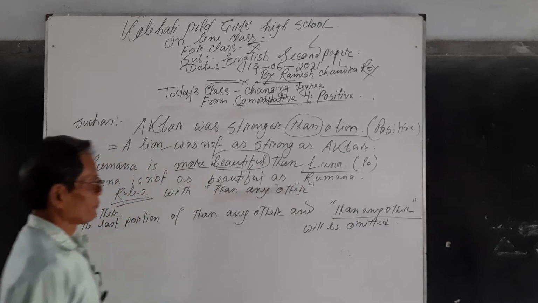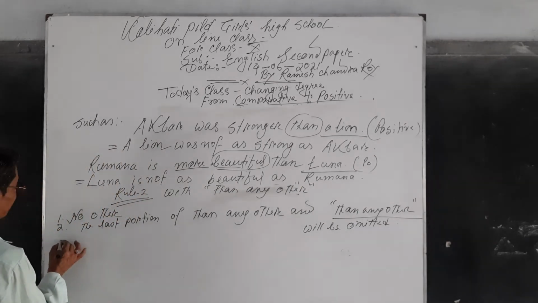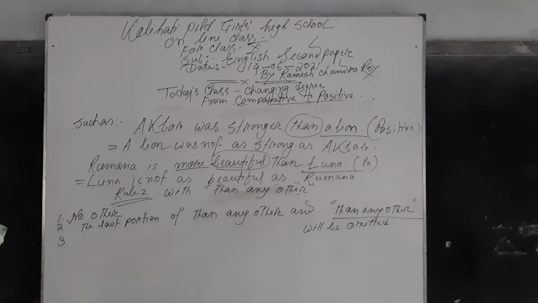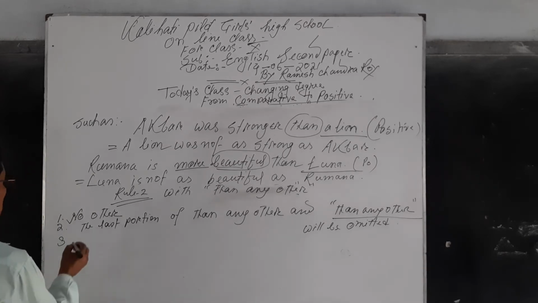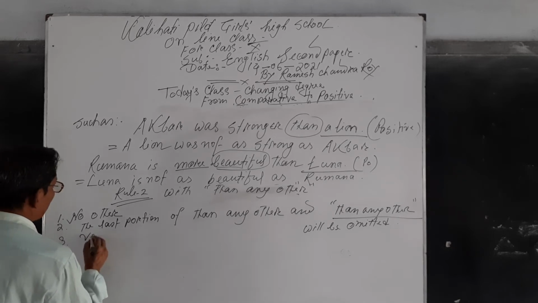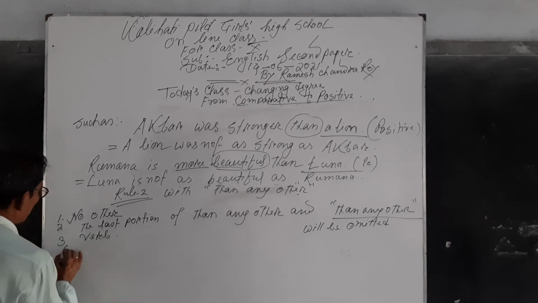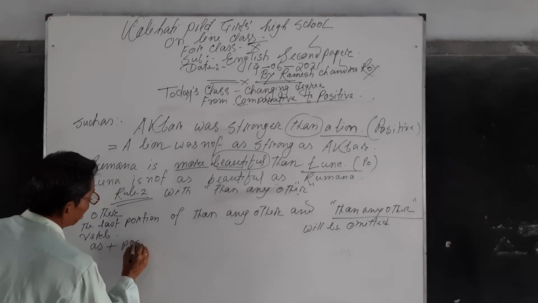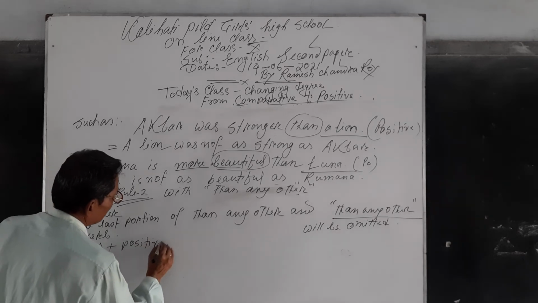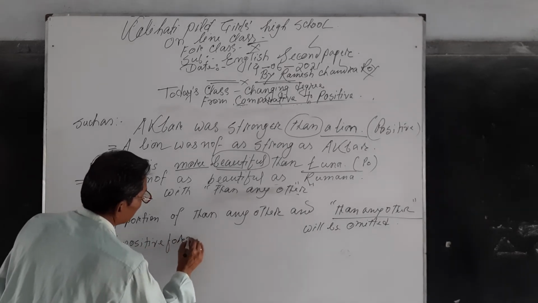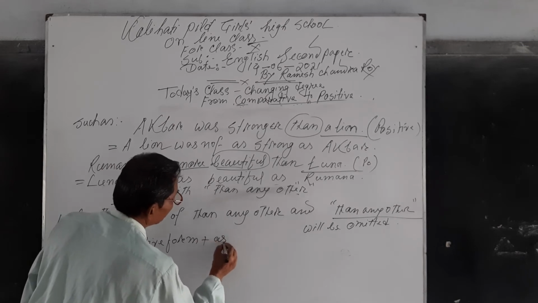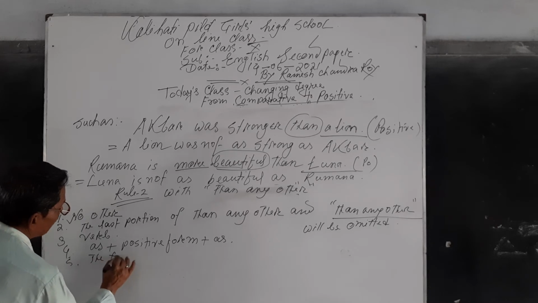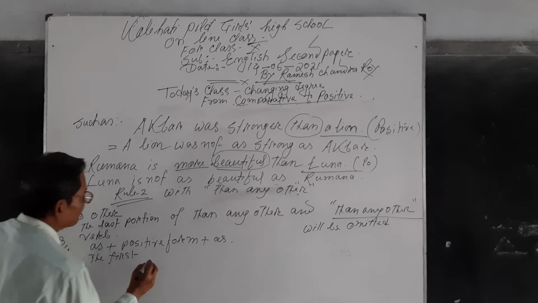Okay? Number 3, verb. Number 4, as plus positive form plus as, and number 5, the first subject.